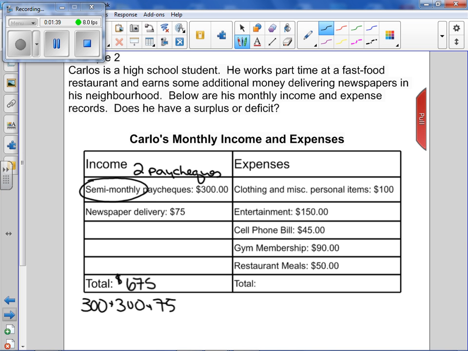Now I'm going to look at his expenses. He pays for clothing, $100, entertainment, $150, cell phone bill, $45, gym membership, $90, restaurant meals, $50. All I'm going to do is add up all of those values together.